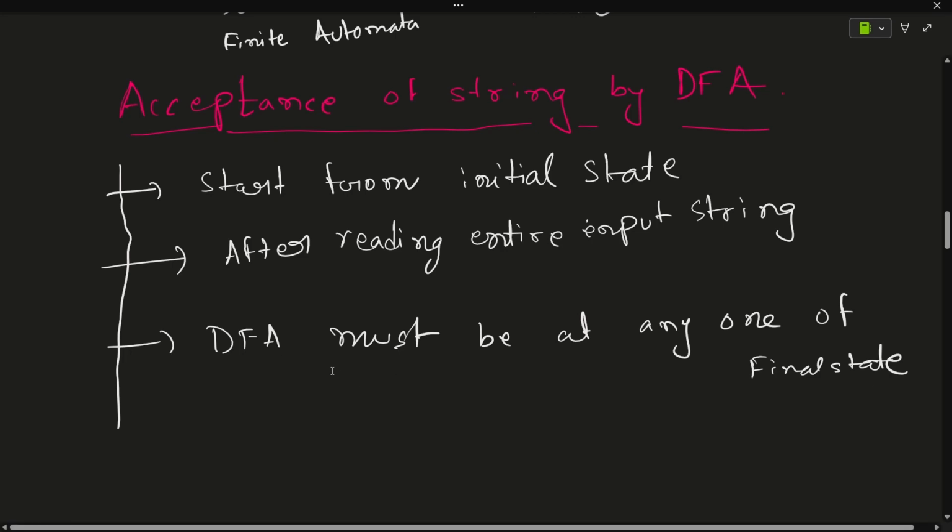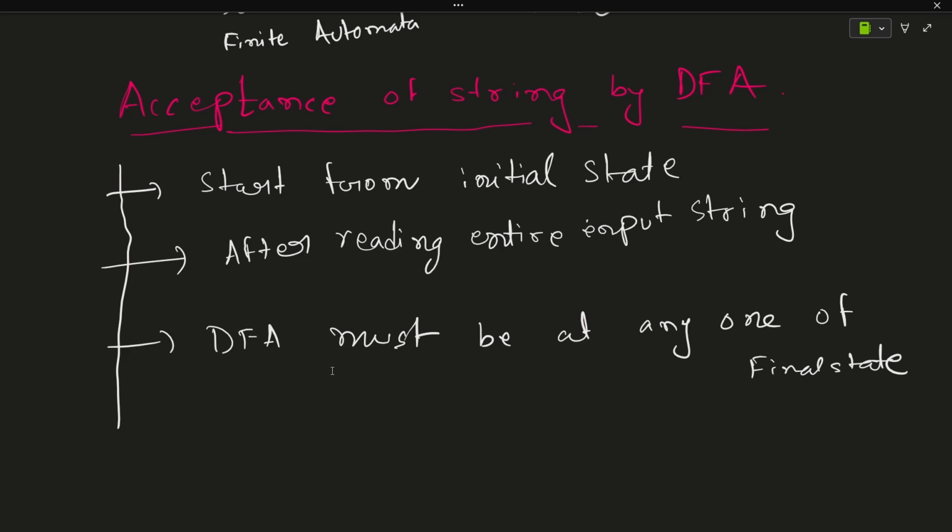By this I can understand that the string is accepted by the DFA. So you take the string, read one symbol at a time, and after reading the entire input string, the DFA must be at one of the final states.